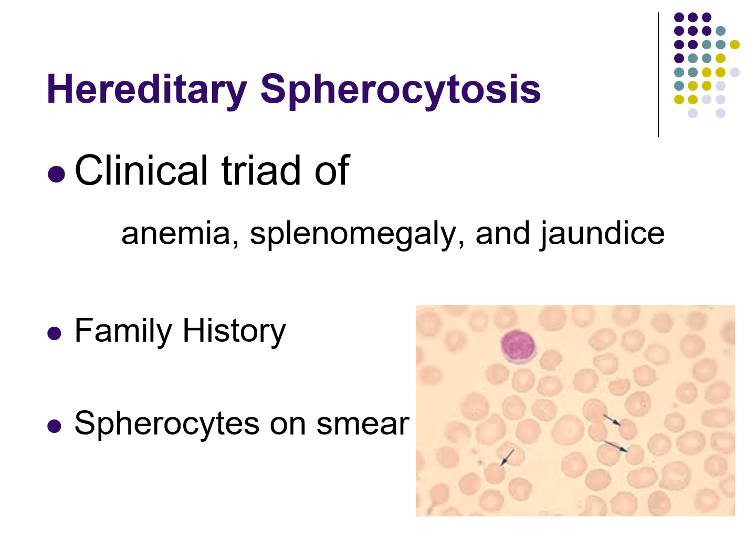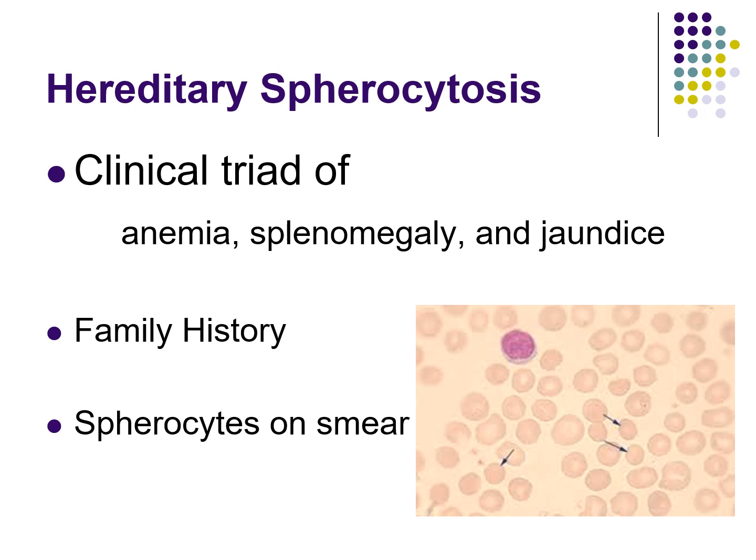As we have said, this spherical shape makes them less deformable, so they are easily destroyed in small blood vessels and the spleen, leading to the anemia and jaundice as a byproduct of hemolysis, and the spleen becomes enlarged, both due to extramedullary hematopoiesis and sometimes due to hypersplenism.